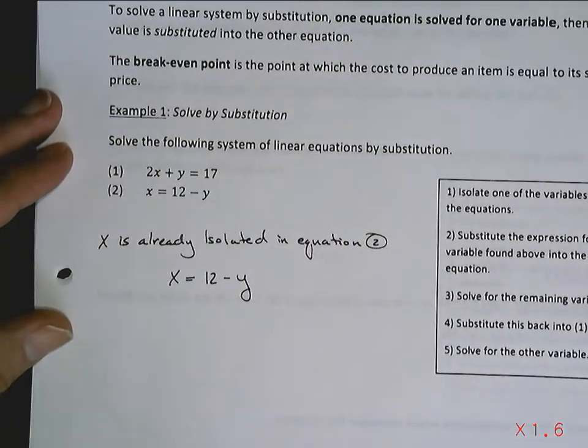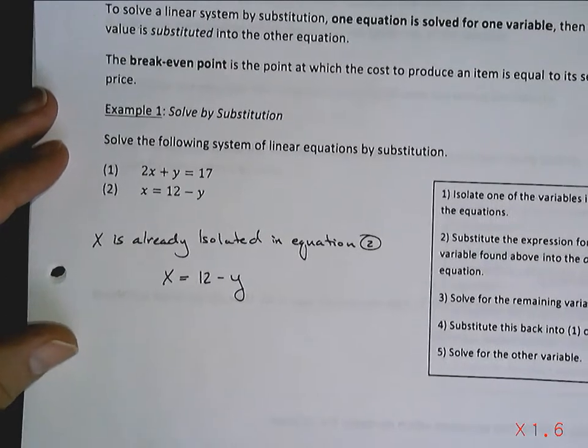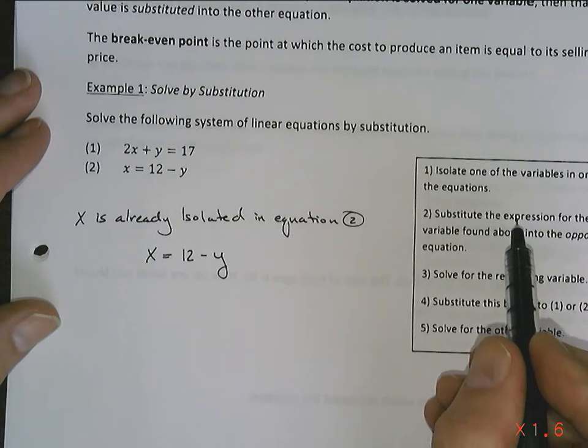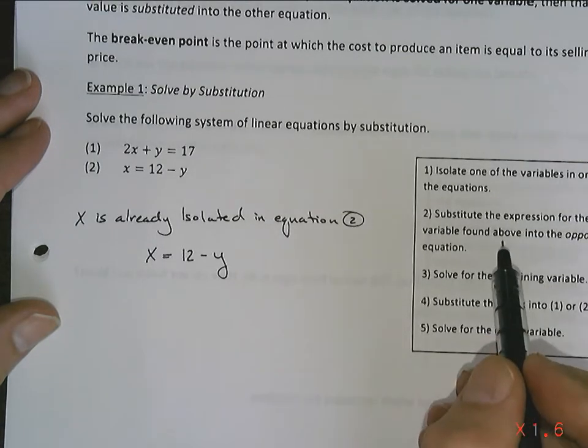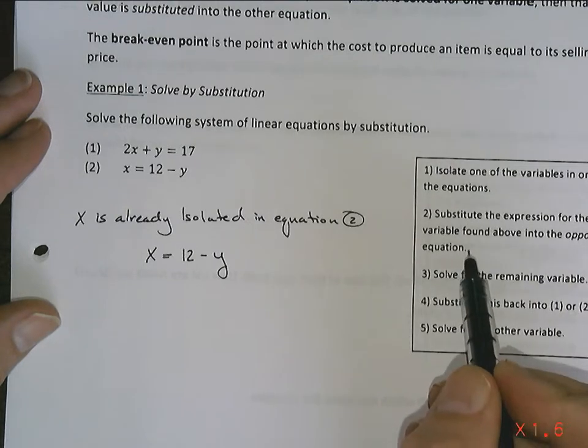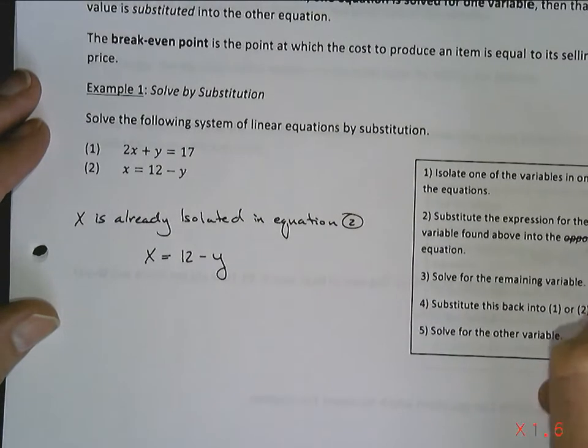It's already been isolated. Step 2, substitute this expression for the variable found above in the other equation. I don't like the word opposite. Let's call it the other equation.